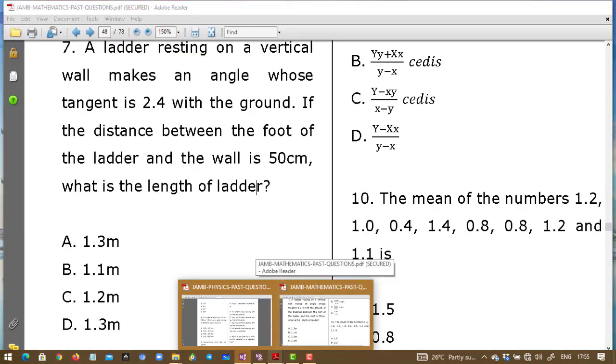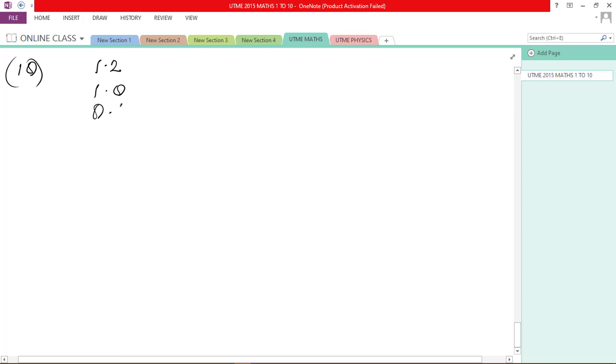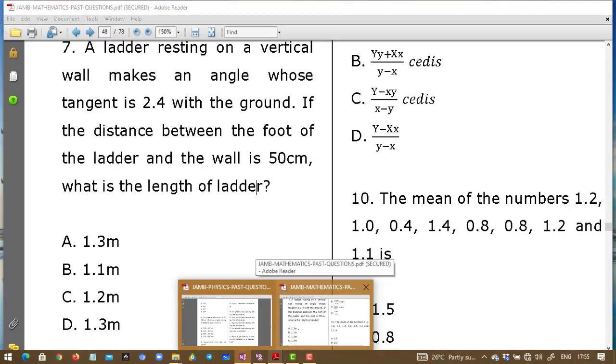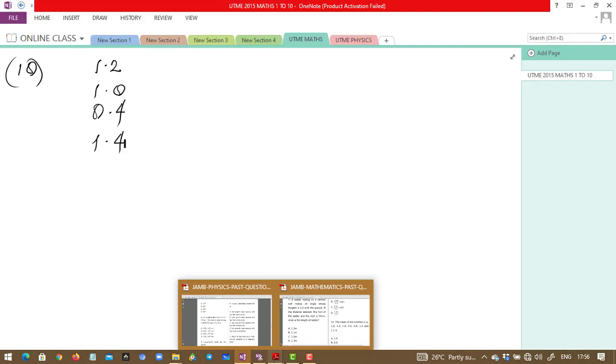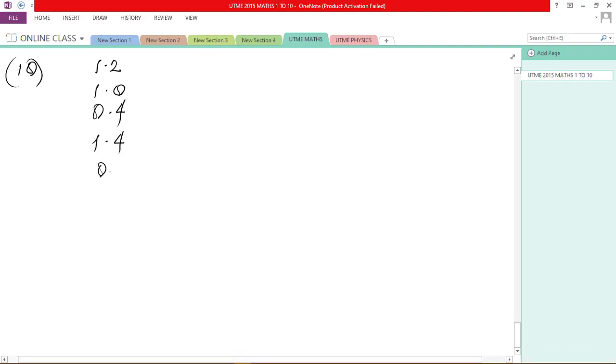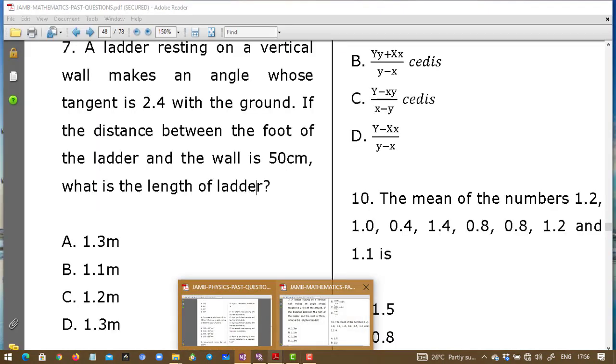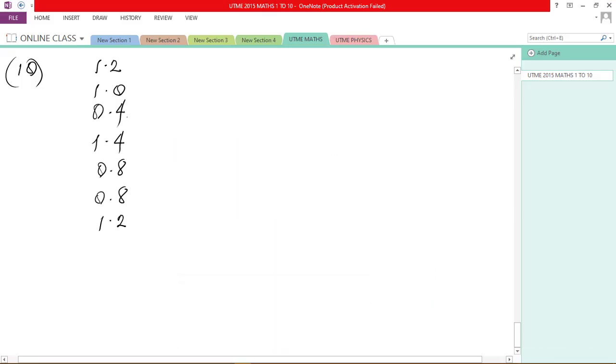Number 10 says find the mean of 1.2, 1.0, 0.4, 1.4, 0.8, 1.2, the last one here is 1.9, and 1.1.